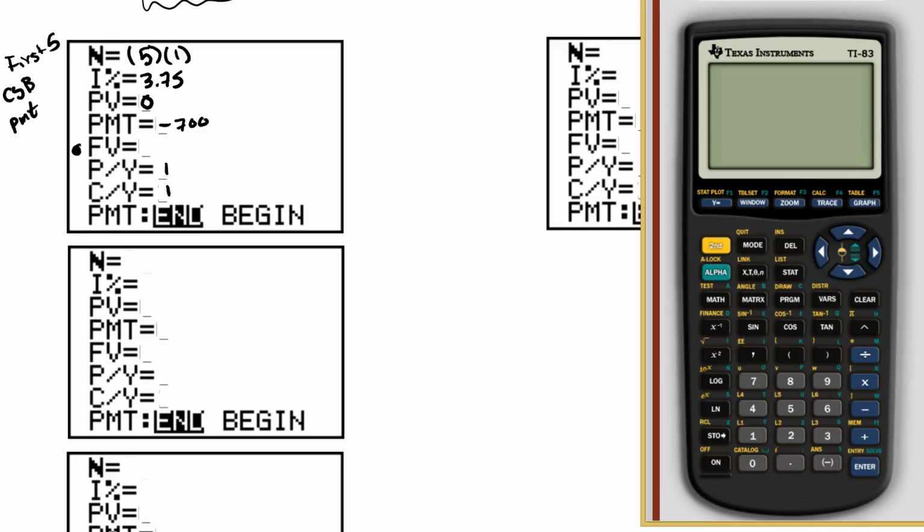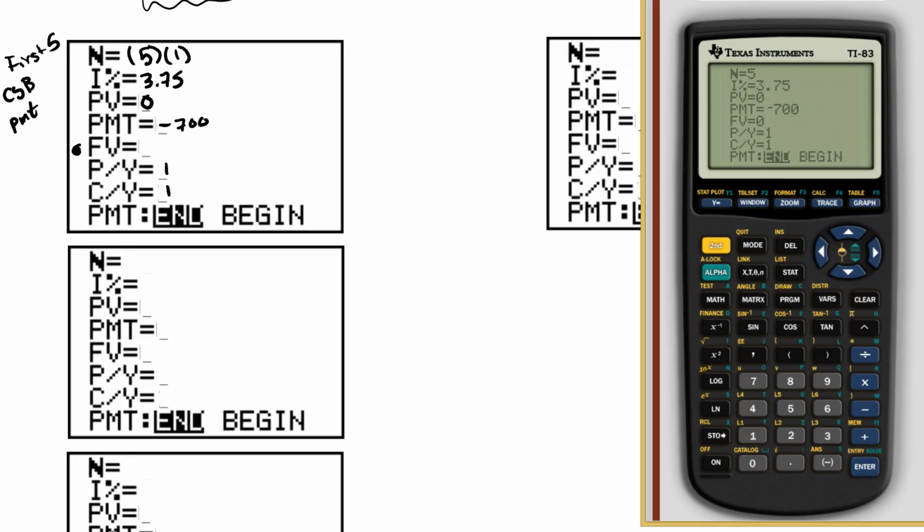So when we bring up our TVM solver, enter, this is the one. We want to go 5, 3.75, zero is good there, negative 700.